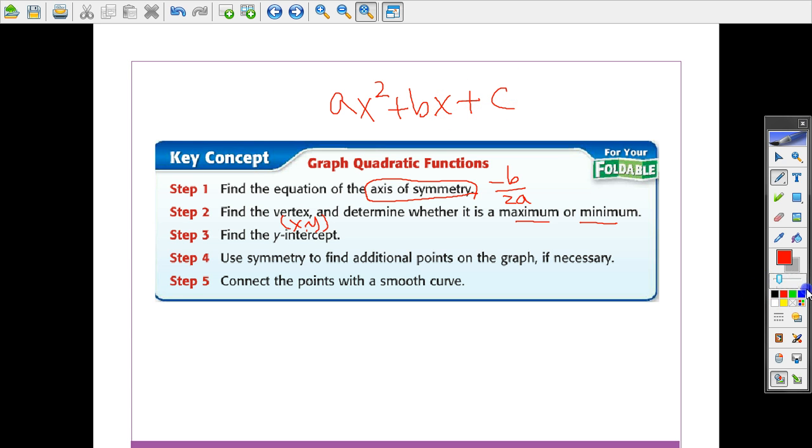The C part right here is the y-intercept. Use the symmetry to find additional points in the graph if necessary. That means if you want to find other points, but if you have these points, then you should be fine to graph. Connect the points with a smooth curve, and make sure it's a nice curve. All right.